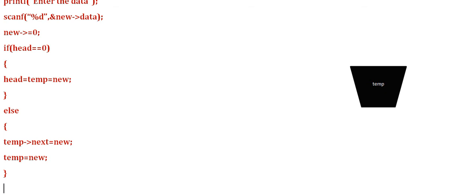Next. So that's the process for creating and inserting data into the linked list. Now after inserting the first data, I have made the conditions through here. Using this condition, I have made the process. Now I'm going to ask the user, after completing this, do you want to insert more data?